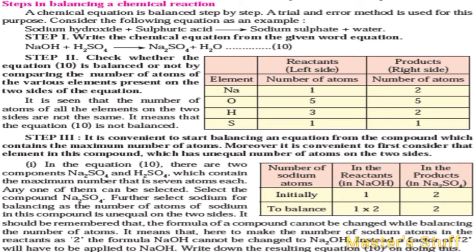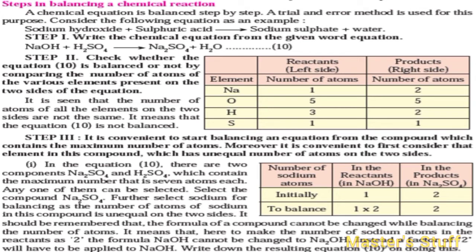Oxygen, that is O, 5, 5. Hydrogen H, 3, 2. And sulfur S, 1, 1. When we look at the table, two elements are already balanced, that is oxygen and sulfur. But the other two elements do not have the same number of atoms on both sides. Thus the equation is not balanced.